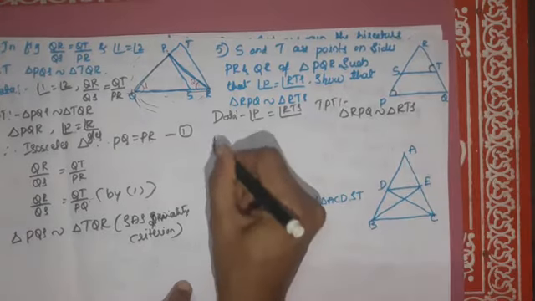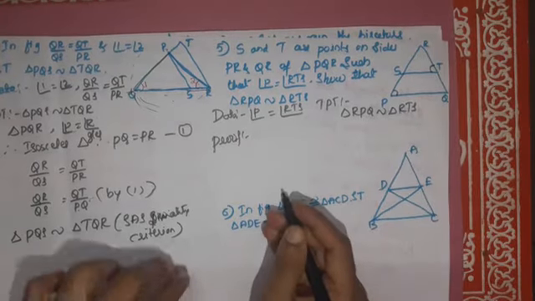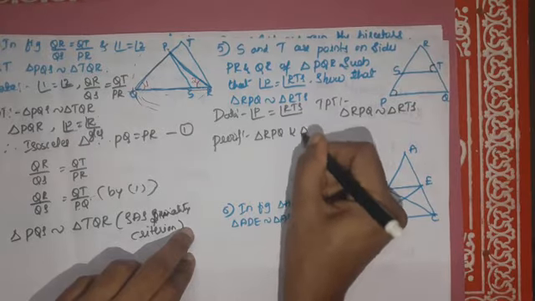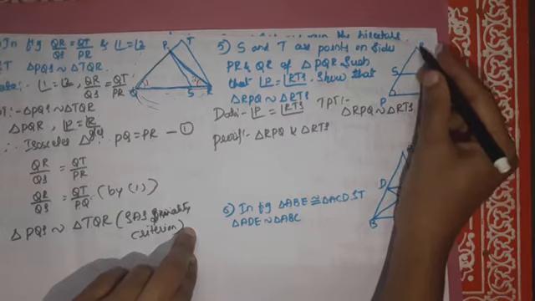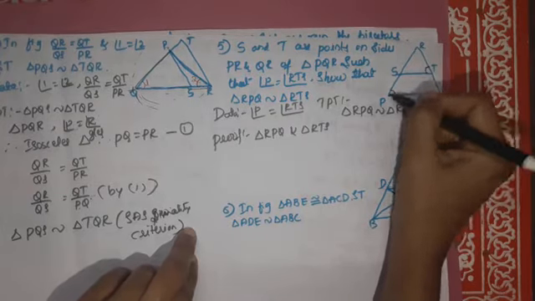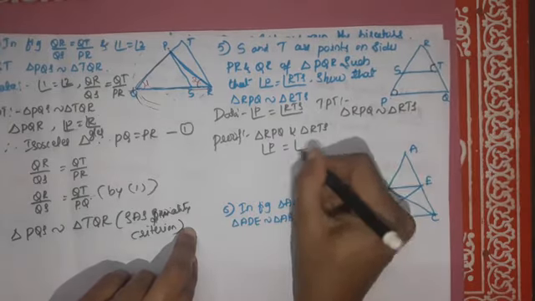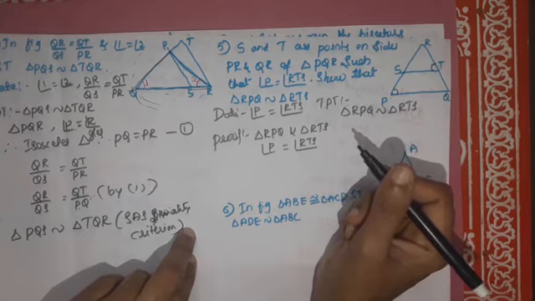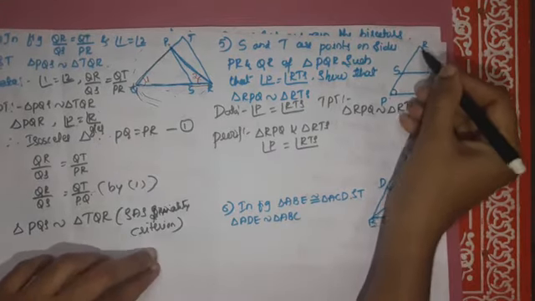In the proof, in these two triangles, triangle RPQ and triangle RTS, one angle is equal: in this one angle P equals, in this one angle RTS. Also angle R is common to both.